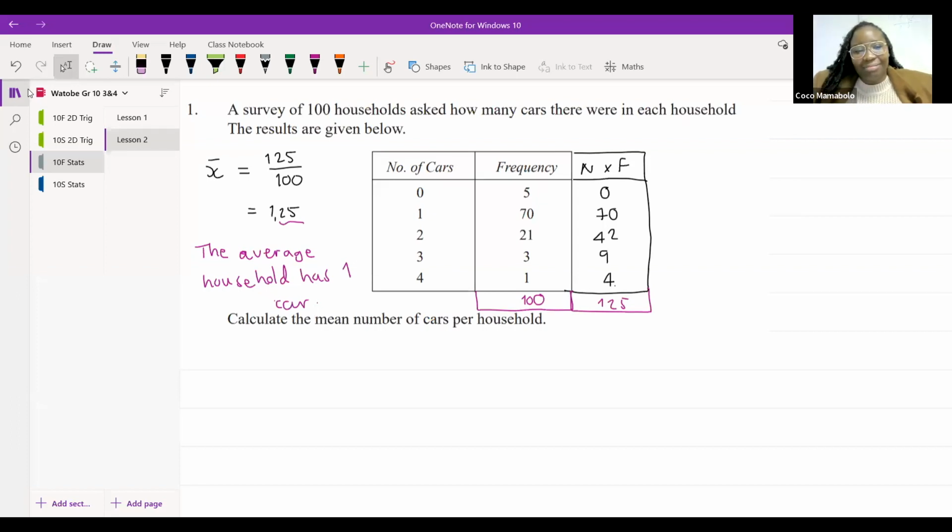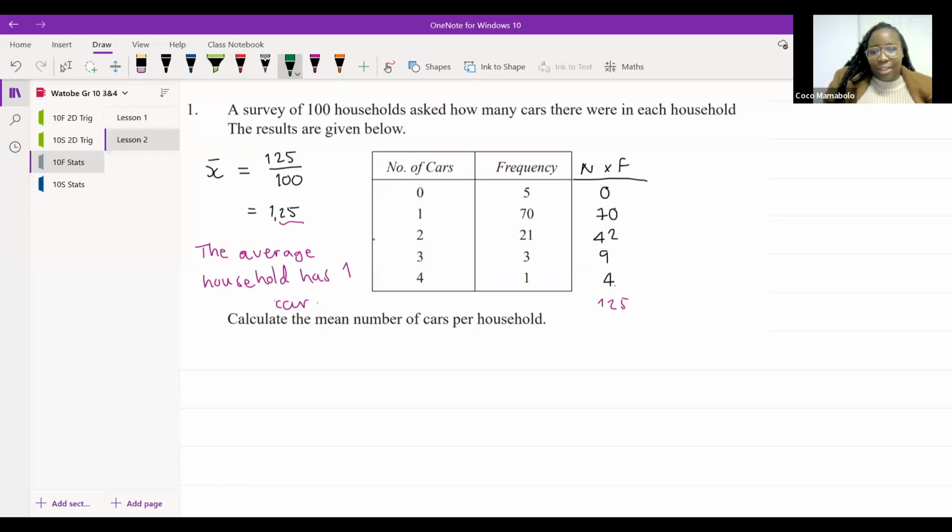Ma'am, for some reason I'm finding the mode the hardest. And the median. Okay, let's look at this set of data that we've got here. Mode is the highest frequency. Which is the highest frequency? No, the 100 is the total. In this frequency table, what is the highest? No, in this column here, in the frequency column.